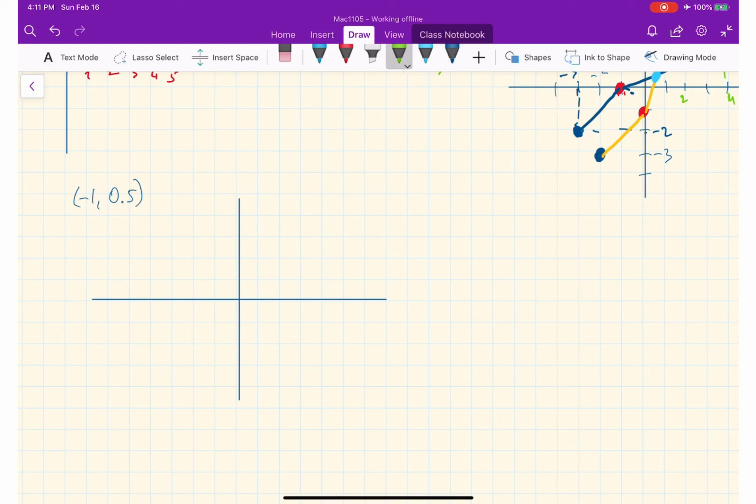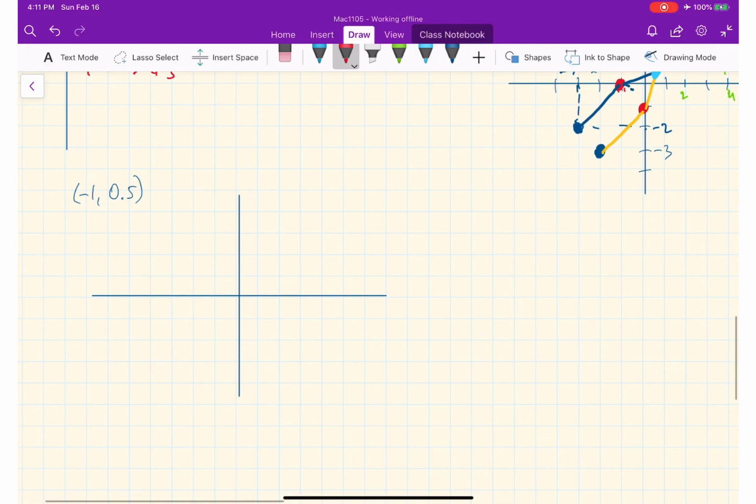And then we are going to have 0 and 1. And then we are going to have 2 and 4.